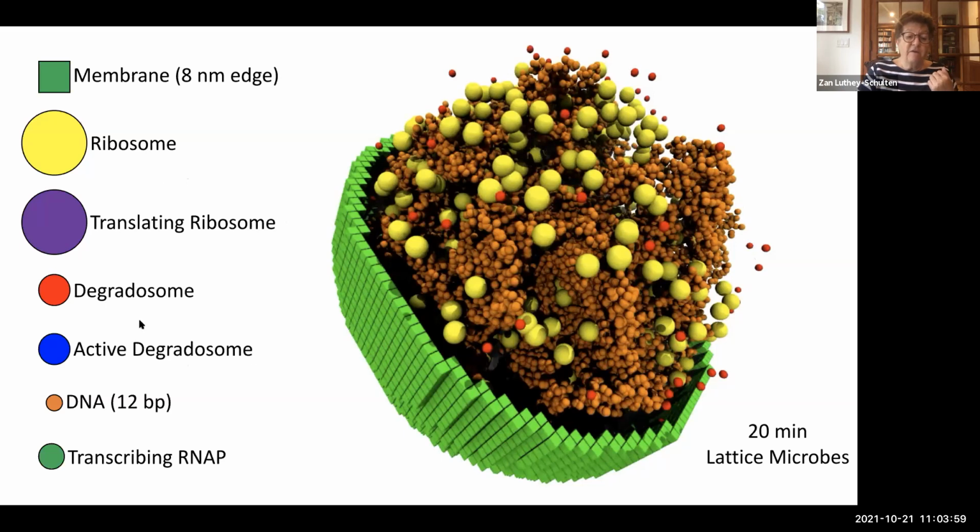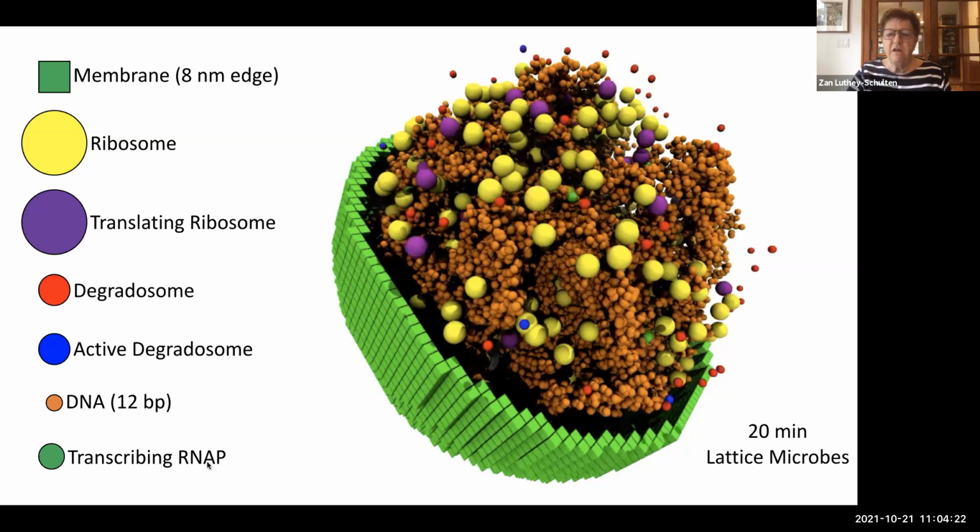And when they're active, they go from red to blue. The DNA are now orange here. And then you can occasionally watch and see a transcribing RNAP as it attaches to a gene and then reads along the DNA. And this is 20 minutes, but we've sped it up so you can watch these processes.